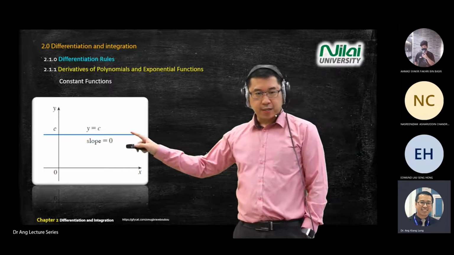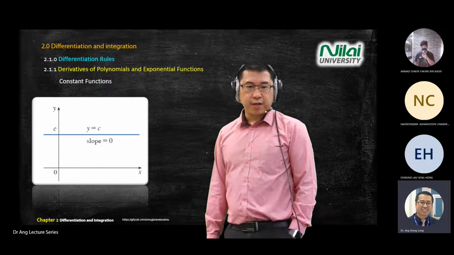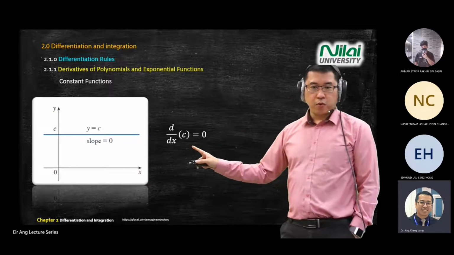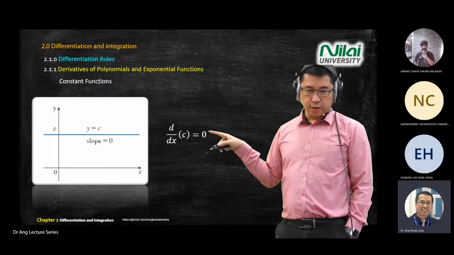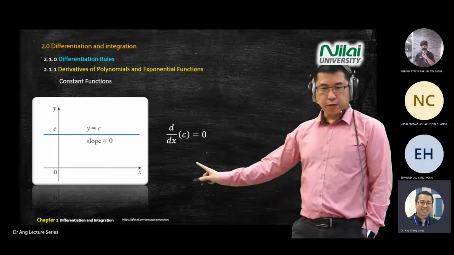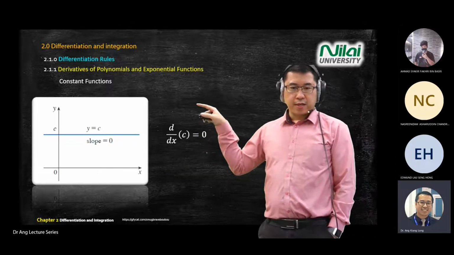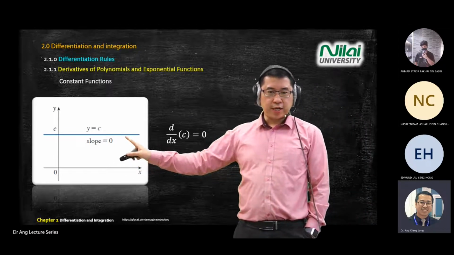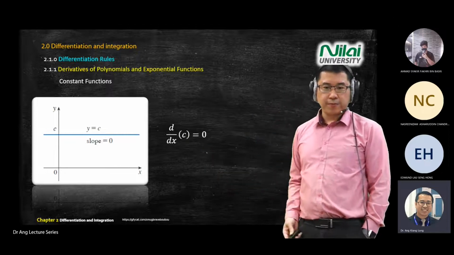Okay, so this is the basic concept when we deal with differentiation. So recall, when you find dy dx of a constant value, you'll get 0. This is just a basic understanding that you learned in Max 1, right? So when you differentiate a straight line or a constant value, it will be 0.